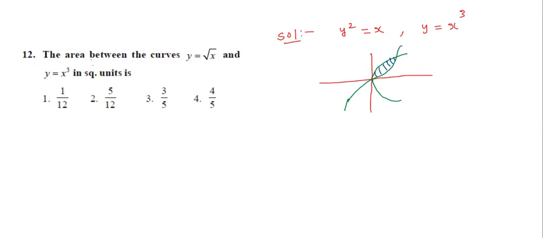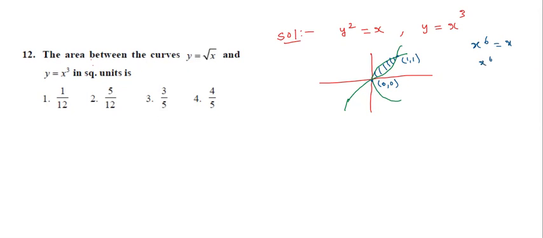Both are intersecting at the origin and at 1, 1. How do we know that 1, 1? Solve these two. We have y square is equal to x. In place of y, substitute x cube, and you get x power 6 is equal to x.